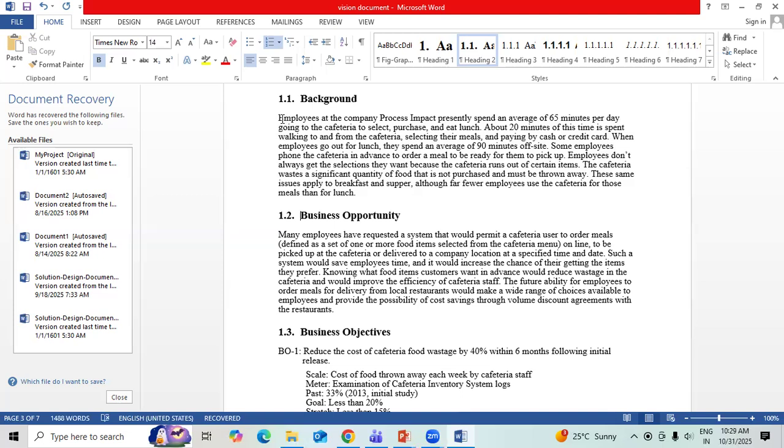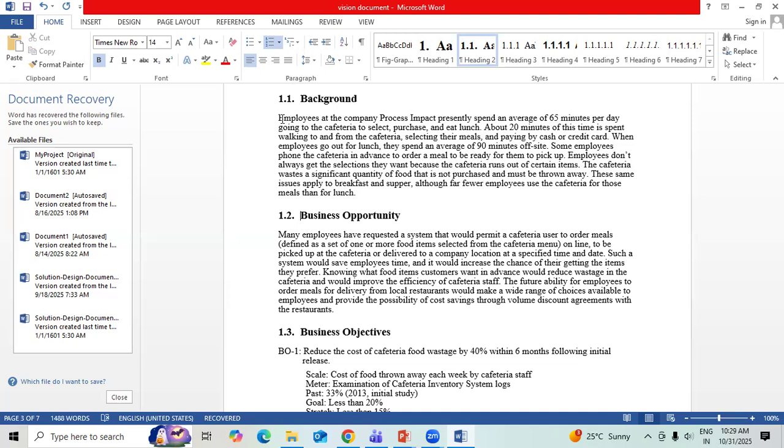So there must be a cafeteria within the premises of the organization, based upon the timings of the cafeteria, so that the required food is served based on the order. There is an immense need, a business potential opportunity that is identified. Based on that, this cafeteria ordering system is designed.